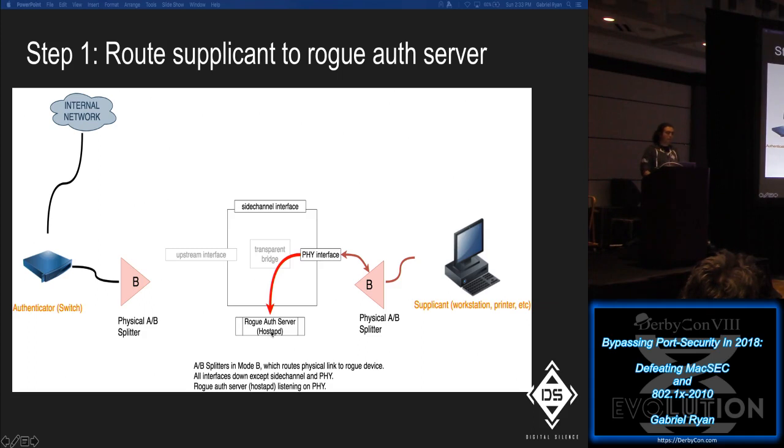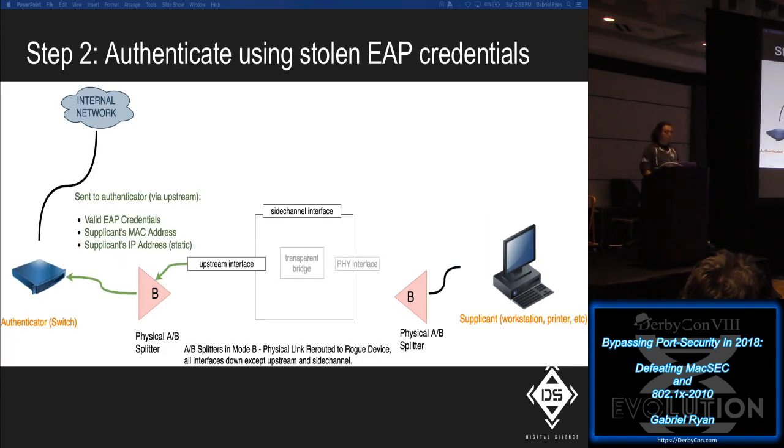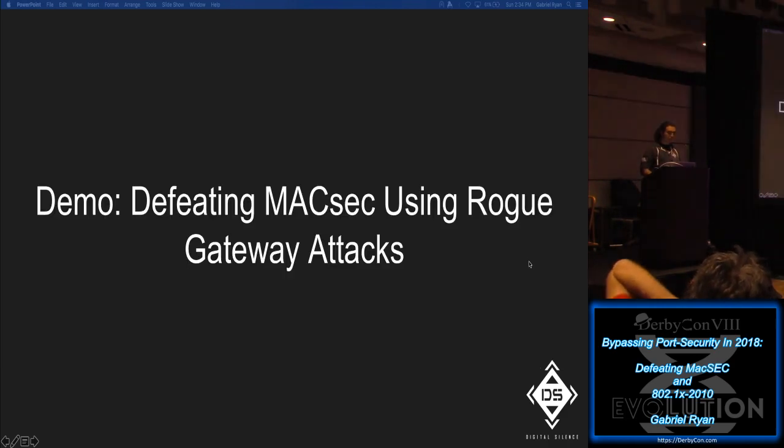At that point you can crack the credentials and then connect directly to the network by bringing down the PHY interface and bringing the upstream interface up with the supplicant's MAC address and the supplicant's IP address set as a static IP, so you get to keep its IP, and then submit the valid credentials. If you do this during off hours, and as long as you're not causing a denial of service for this person over here, you're fine. You could probably get away with this in most cases.